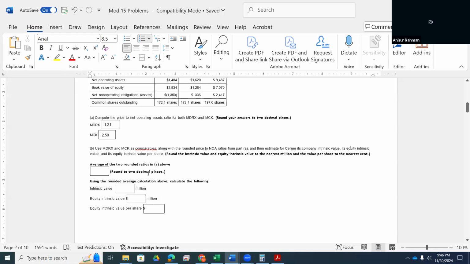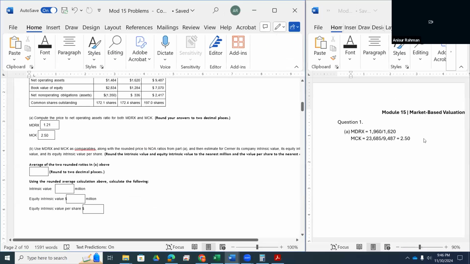So we have to find out first the average of the 2 rounded ratios. So we have to use the price to net operating assets ratio of both these companies. So we need to take an average of this.